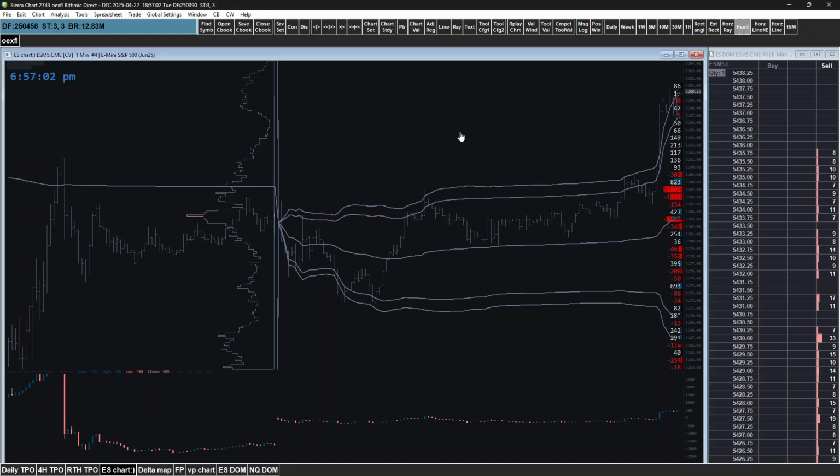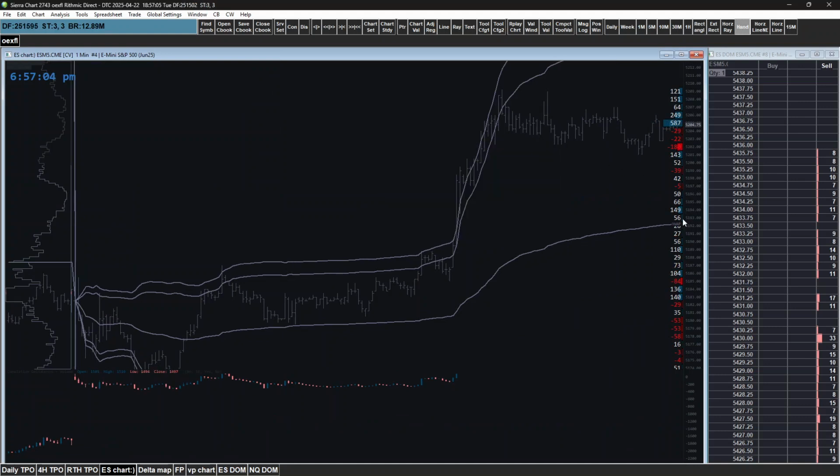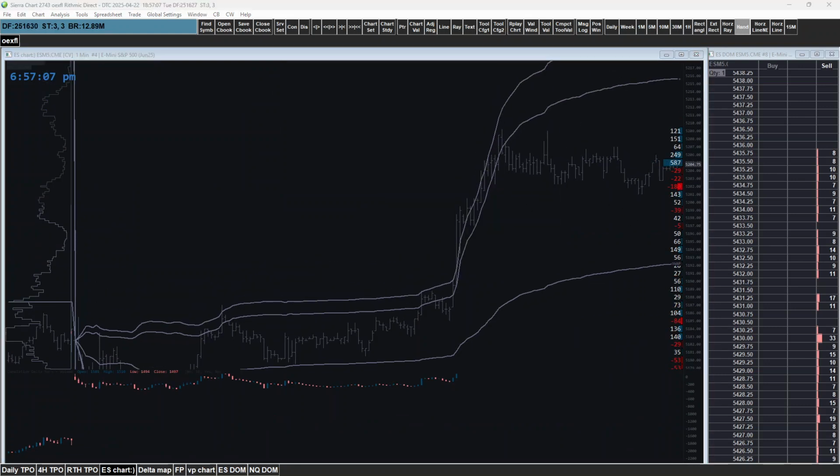Another fun fact that I like in how I use the standard deviations is in an example like this. Here you can get a little short, but as we can see, we're trading for a longer time between the standard deviation bands, and we're only reversing here.